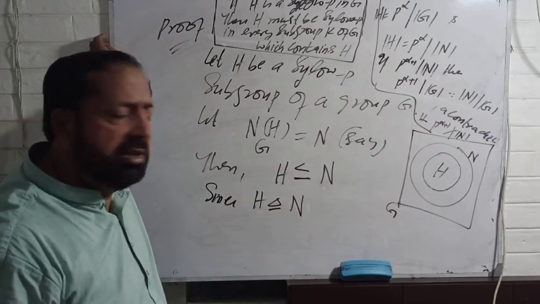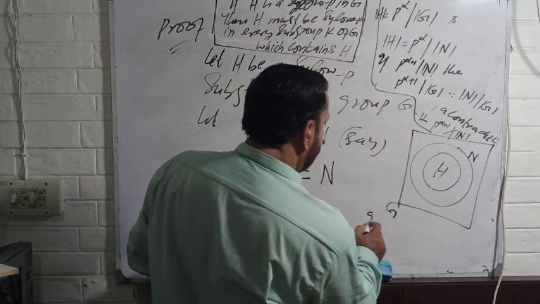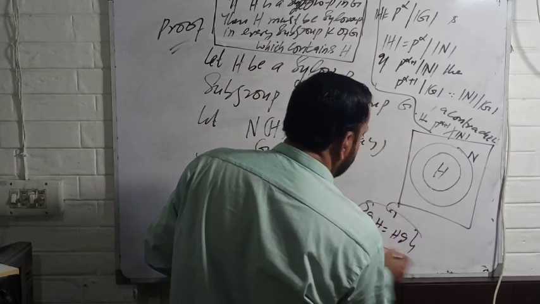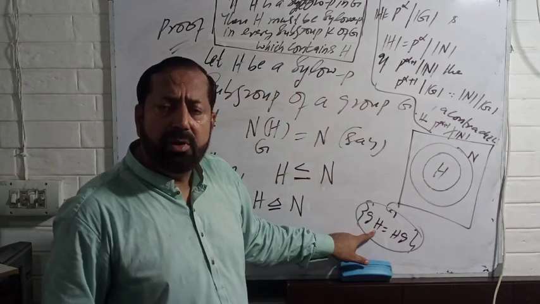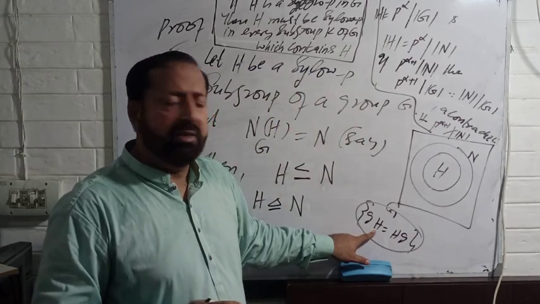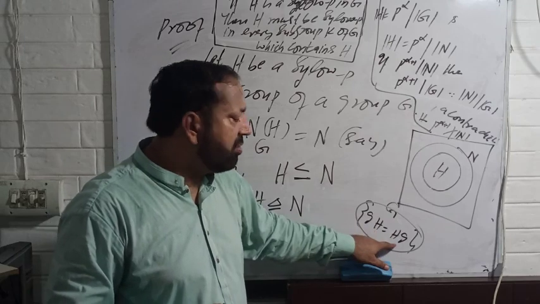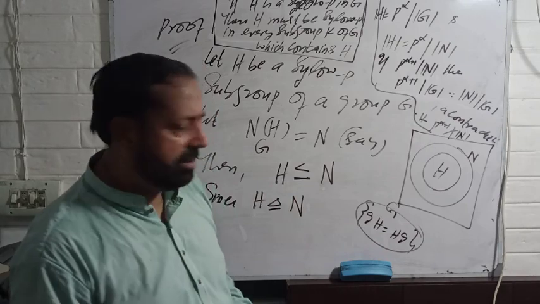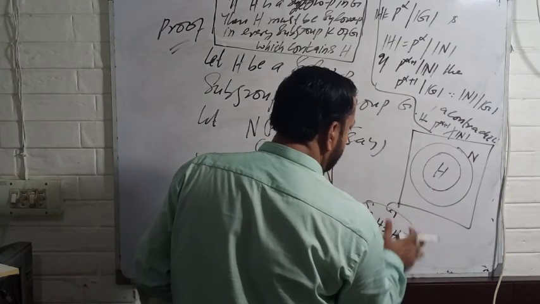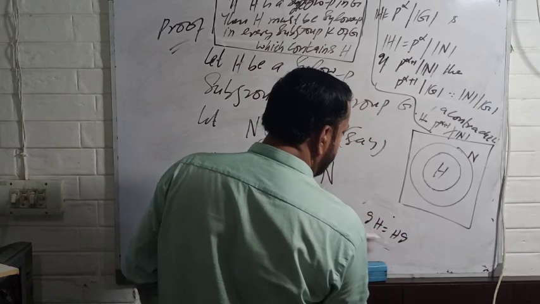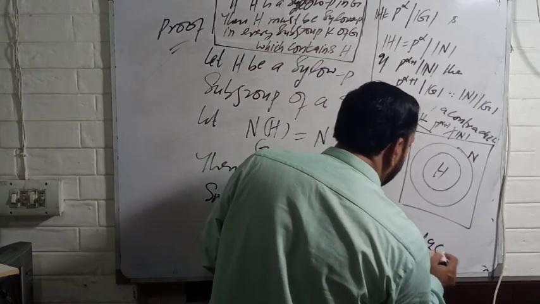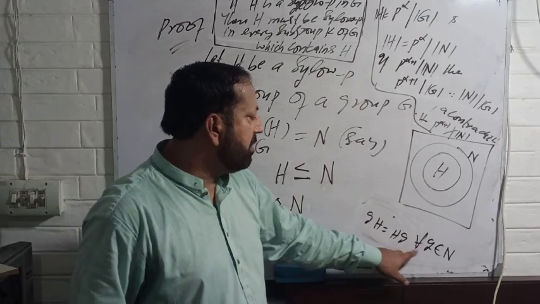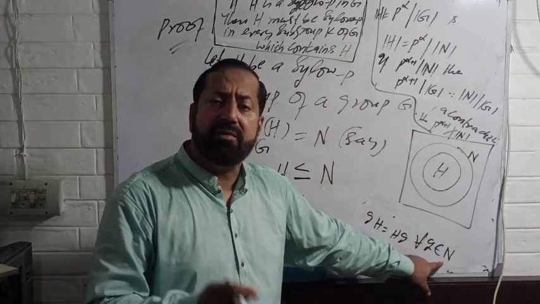What is the normalizer? Those elements G of G for which GH is equal to HG. This is the definition of the normalizer. If this is happening in N, you are saying that GH is equal to HG for all G belonging to N. This was the definition of the normalizer.